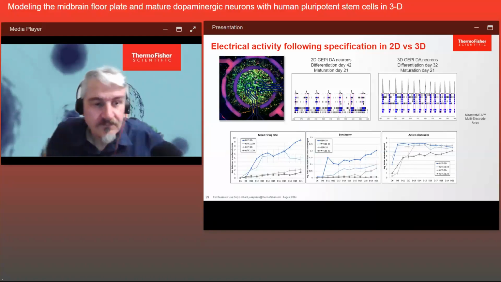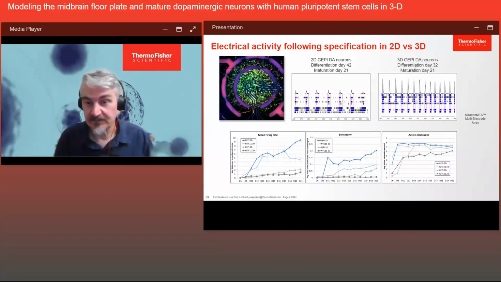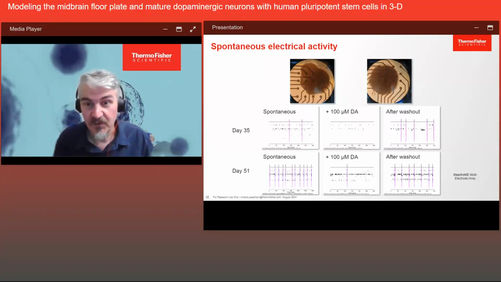So next I want to show you that an MEA array can also measure dopaminergic neuron activity in an intact organoid. So these are images of midbrain organoids that were plated at day 21 of differentiation onto the multi-electrode array, one per well.